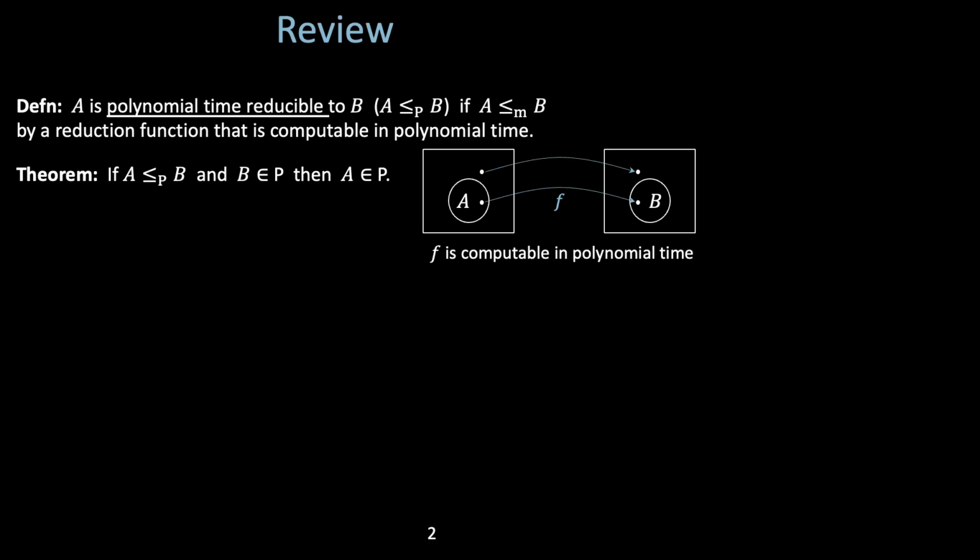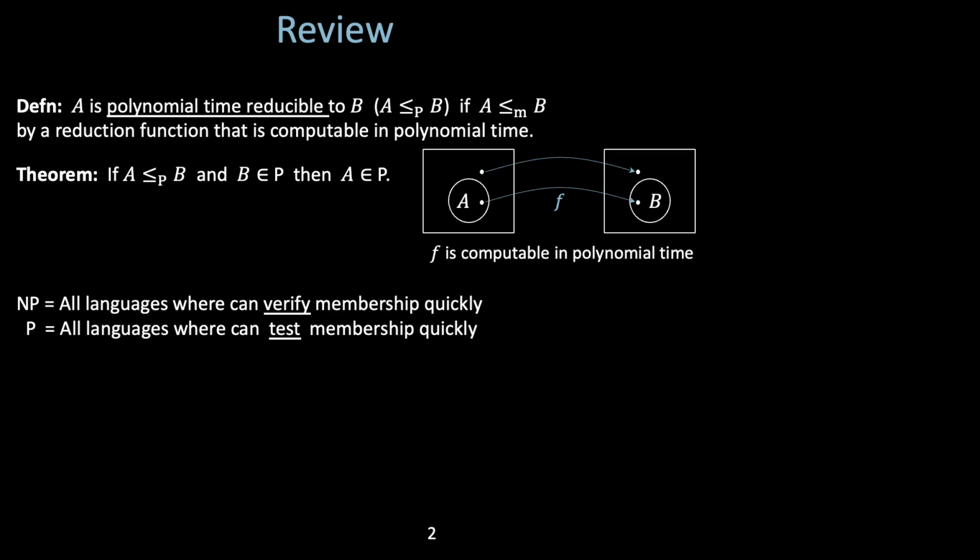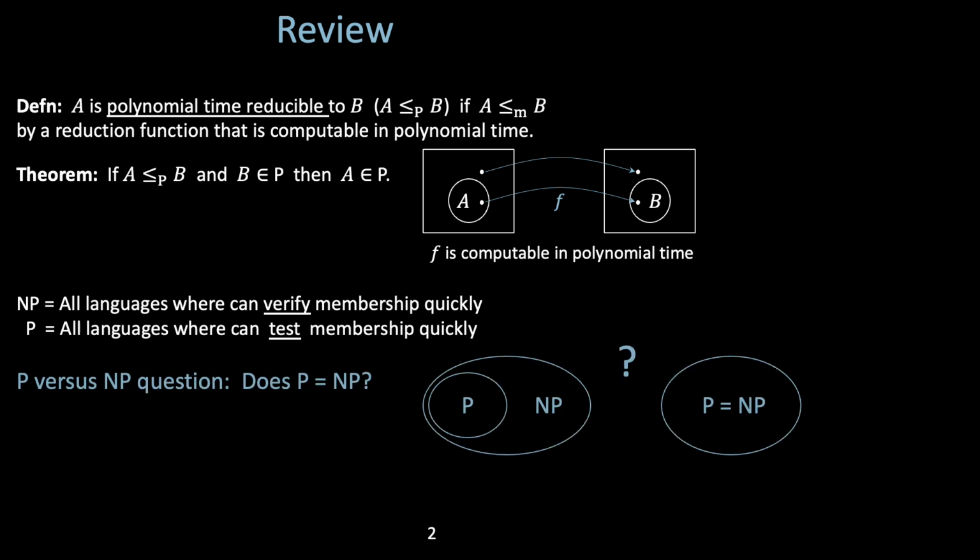Just to put things together, remember A is polynomial time reducible to B if A mapping reduces to B by a reduction function that is computable in polynomial time. And if A polytime reduces to B and B is in P, then A is in P. NP is all languages where you can verify membership quickly, and P is all languages where you can test membership quickly.